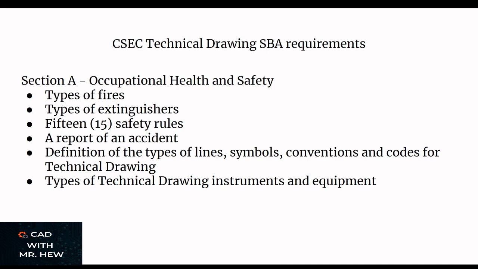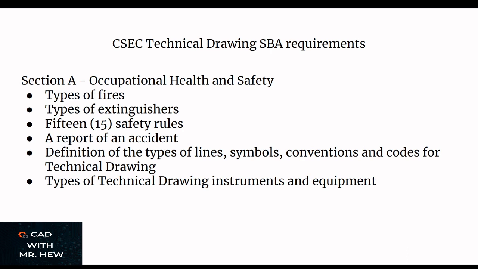The third thing on the agenda for Section A, Occupational Health and Safety, is 15 safety rules. Then having completed the list of 15 safety rules, the candidate will write an accident report.